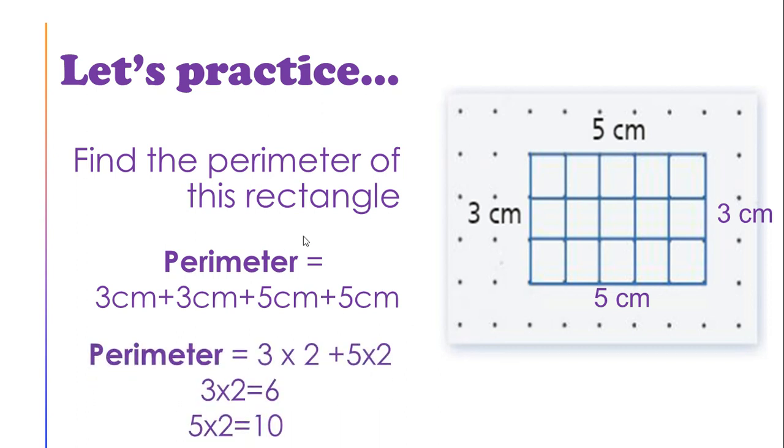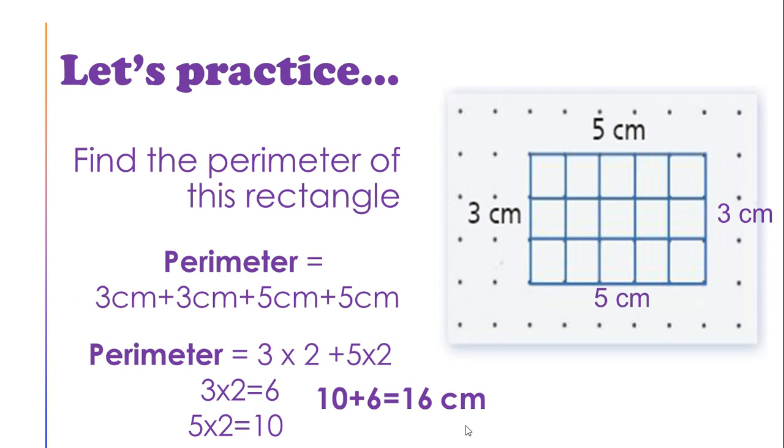Or you can multiply the 2 ones that are the same times 2, because there's 2 of them, 3 times 2. And then the 2 ones on the top and the bottom, which are the same, times 2 because there's two of them. And then after you find the multiplication, what you do with the results is you add them together, which would be 10 plus 6 equals 16, and it would be the same result.